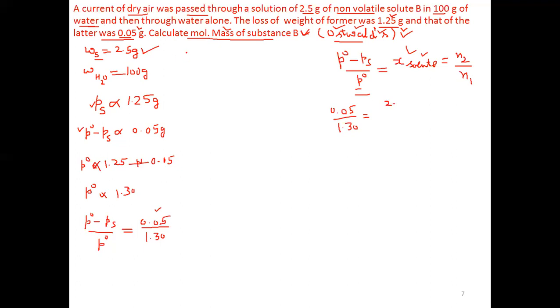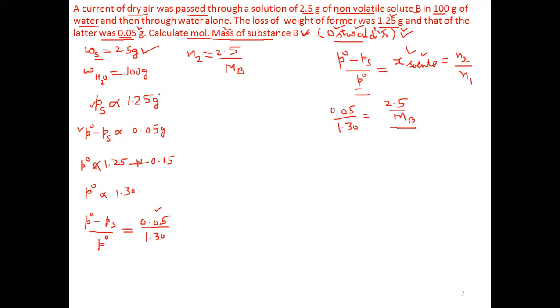Now N2 is equal to the weight of solute, 2.5 gram, divided by M. The solute is B, they have given it as B, so we can say its molecular weight is MB, that we have to calculate. So it is 2.5 divided by MB, divided by the number of moles of water.